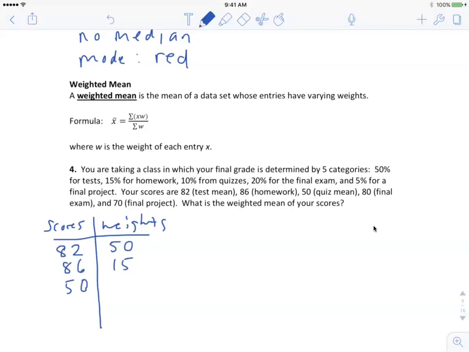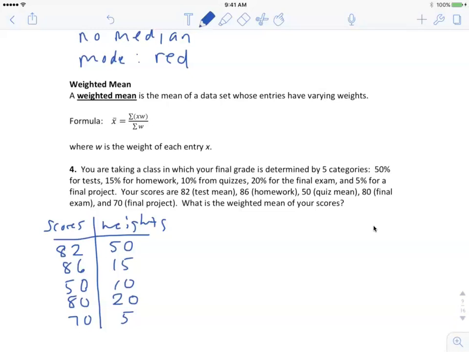How much is that worth? 10%. The final, you got an 80 on it, and the final exam is worth 20%. And then finally, there's a project that's worth 5%, and we got a 70. So the question is, what is the final grade of this student?